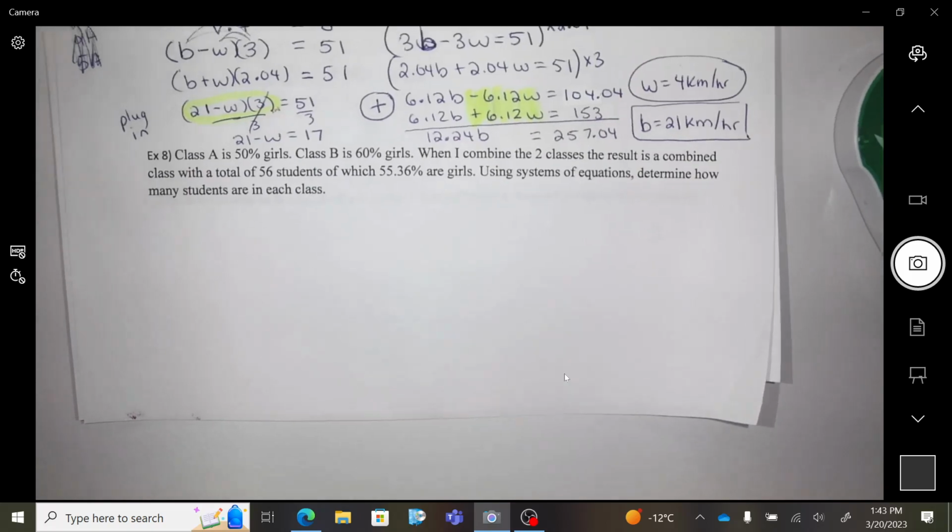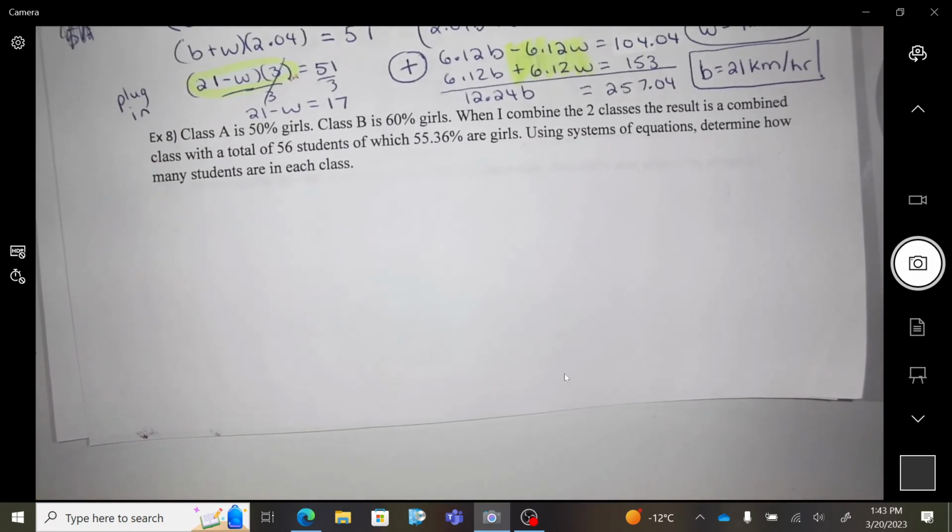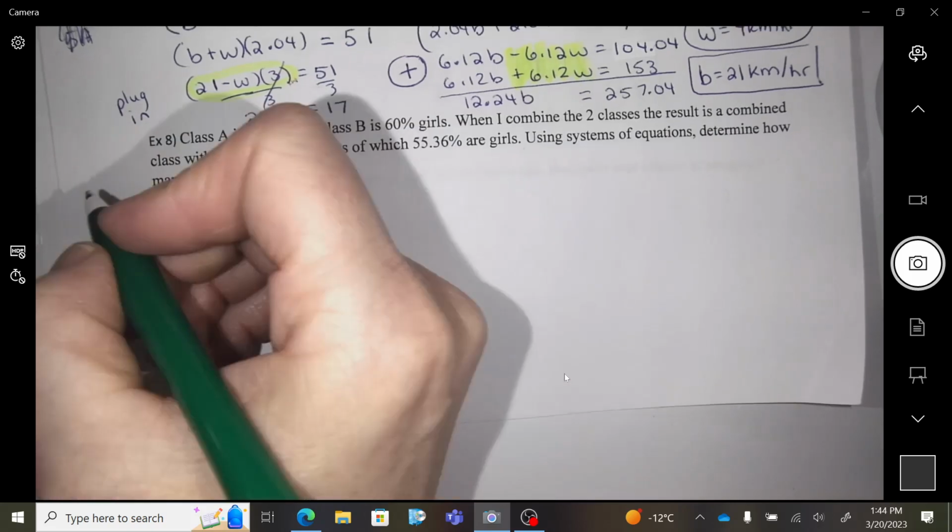Okay, the last question is the same as number 5. Class A is 50% girls, Class B is 60% girls. When I combine the 2 classes, the result of the combined class of 56 students is 55.36% girls.